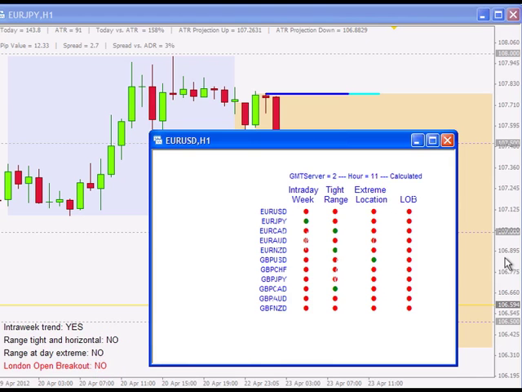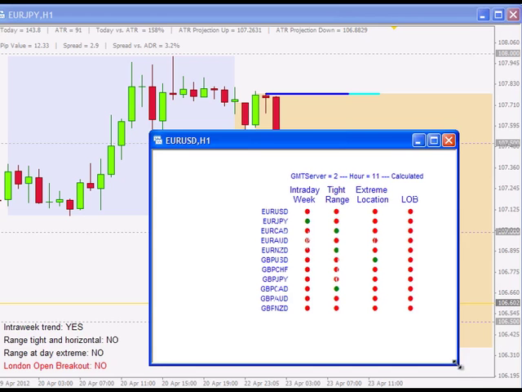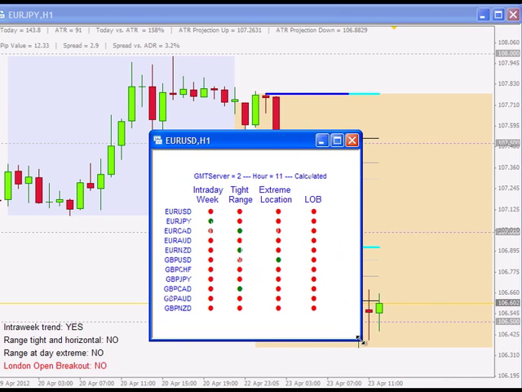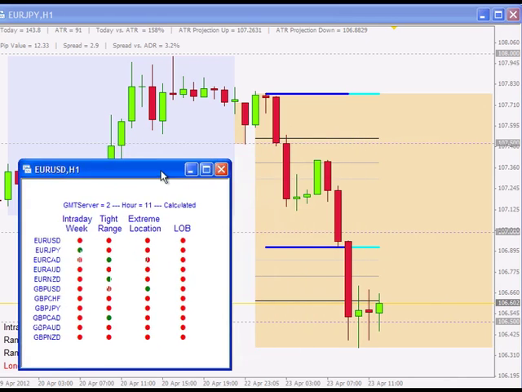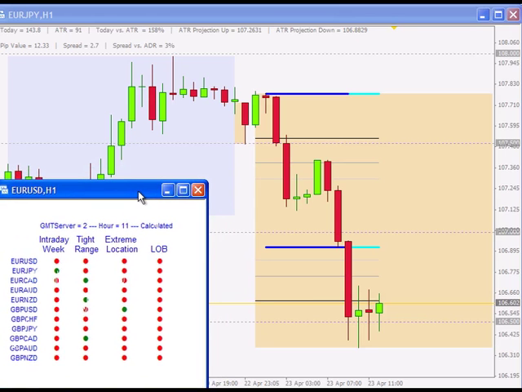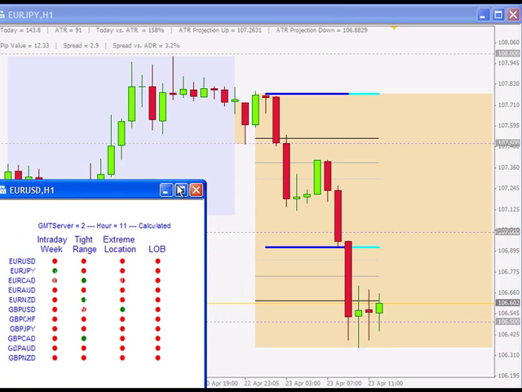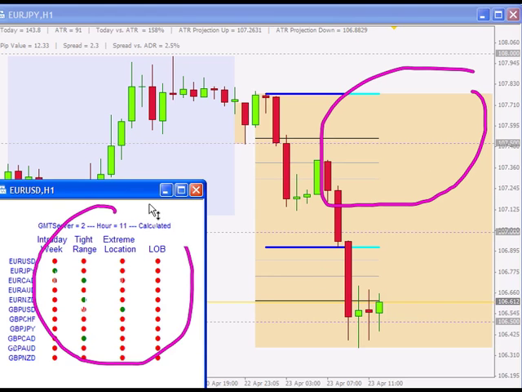Basically, you get exactly the same information in a much more comfortable format, because all you have to do is minimize that scanner window and push it to the corner of your MetaTrader platform. You can use all that real estate to place your standard charts, and here in the corner you can simply leave the scanner running.